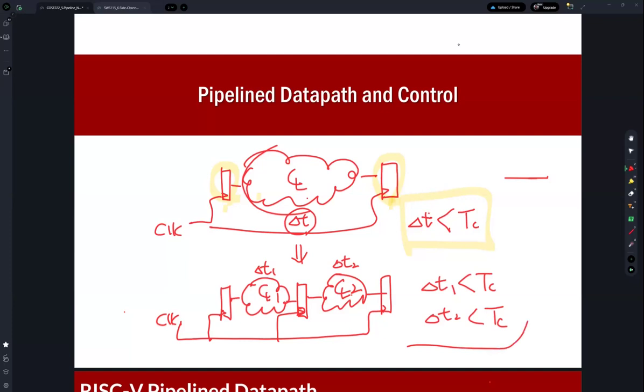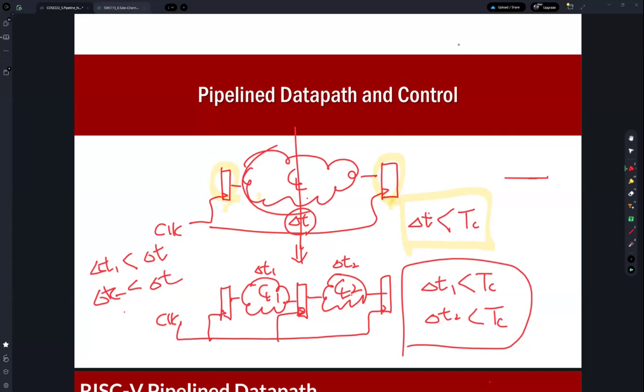And then based on the timing constraint, the TC needs to be larger than delta T1 and delta T2. But we already know that we just cut this combinational logic, which means delta T1 is smaller than the delta T, the original critical path. Also, delta T2 is smaller than the delta T, right?